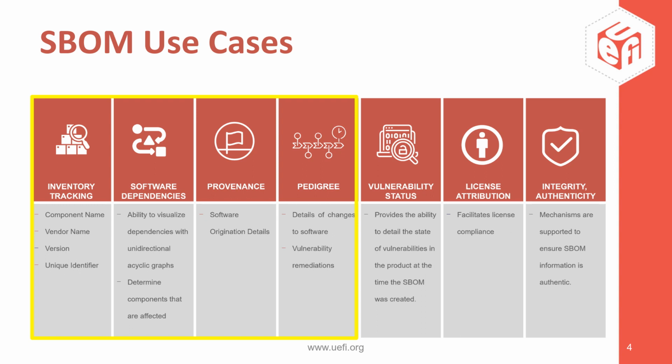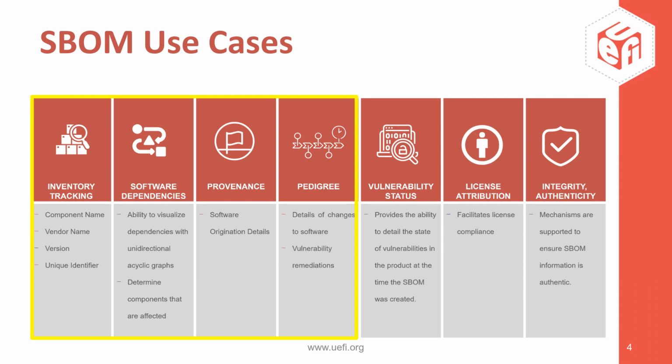So as everyone probably knows, inventory tracking basically implements the transparency use case. It's the ability to see all the ingredients in your product. So that's covered by component name, vendor name, version, and unique identifier. And these are 4 of the 7 minimal elements, as mentioned previously.